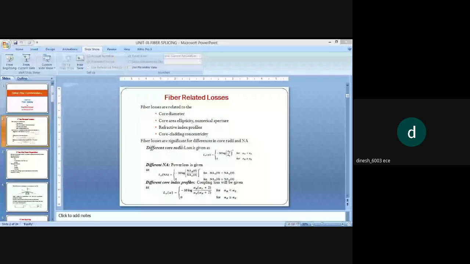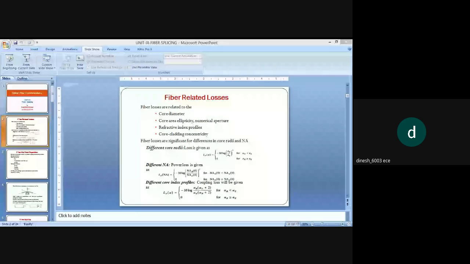The fiber related losses that we had seen just now are the core diameter, core area ellipticity, refractive index profile, and the core cladding. The fiber losses are significant for different core radius and numerical aperture.